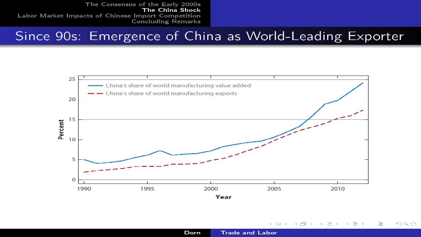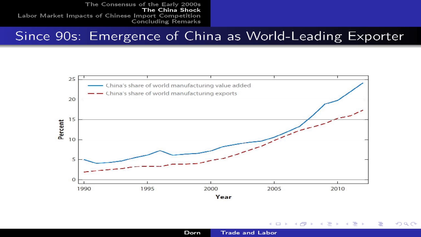While the economic discipline was forming this consensus around the year 2000 that much of the labor market shift seemed to be attributable to technology rather than trade, a new development was occurring in the landscape of international trade.